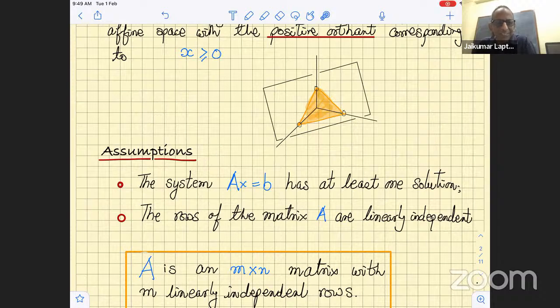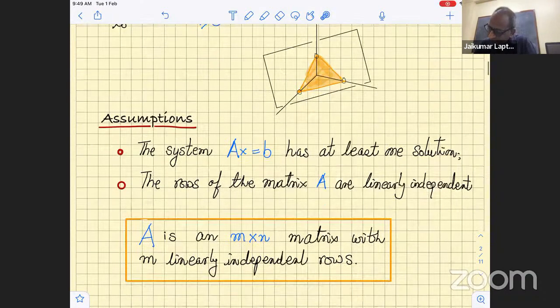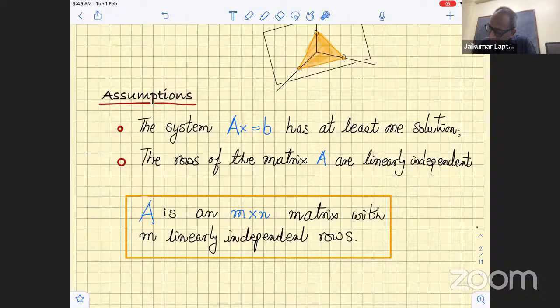Any questions? From now on, we will use these two parameters, M and N. M will be the number of rows in this matrix A, and N will be the number of variables that we have. And we will assume that the rows of this matrix are linearly independent.